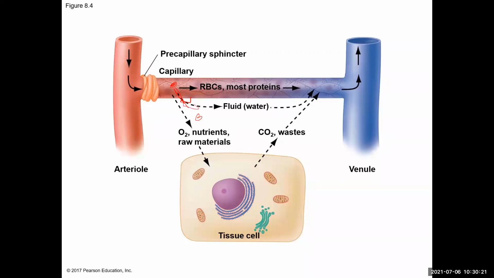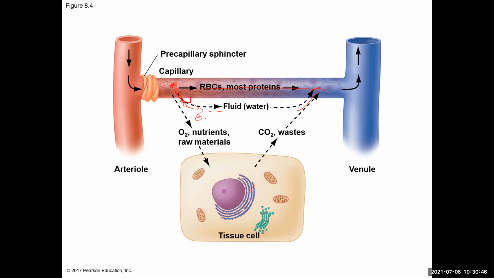So it will flow out. It's not more water; it's following the solutes, basically, right? So more solutes, so it goes out, and then as blood travels down, water will be forced back in due to that osmotic gradient. And so that helps to make sure the blood volume is maintained.